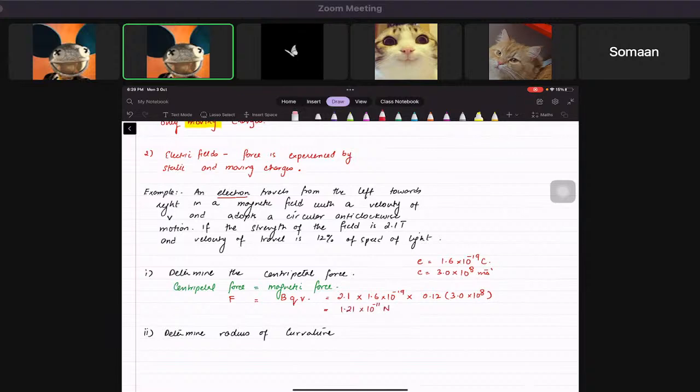Please do confirm this answer because of course some of my students have done it and I put it down here. Okay, now then it says determine the radius of curvature. Do you guys know how to do that?